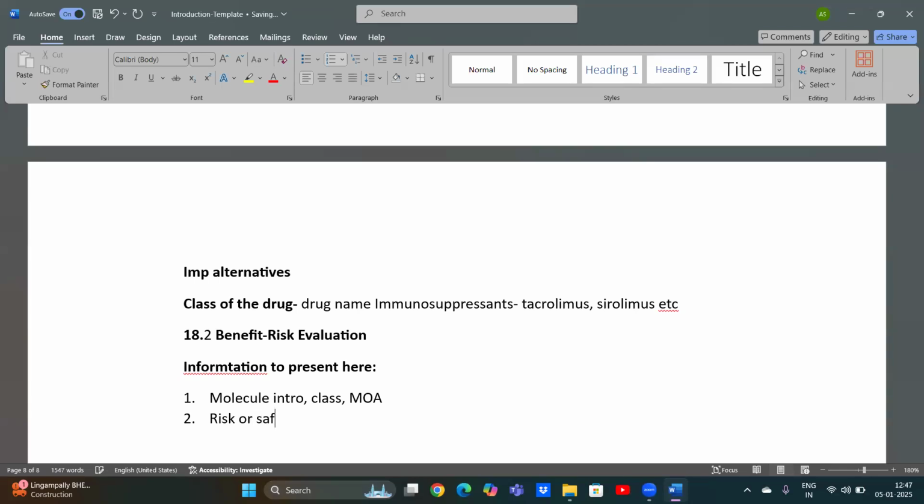Okay. Now, after that, you will present the risk or safety information. Like, suppose whatever you have presented in section 16.1, so you will write, like, suppose your molecule A has a summary of safety concerns.